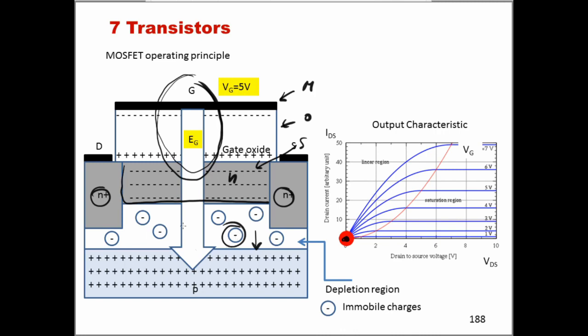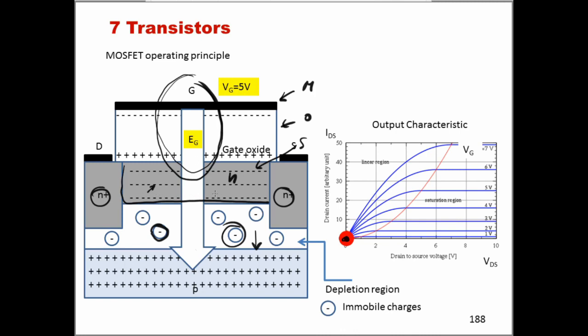So although my drawing here is not showing that, the negative charges that are immobile in this region are really a lot. And if we were able to count these immobile charges, we would realize that the number of immobile charges is a huge number compared to the number of mobile minority carriers that are also negative, that have accumulated at the interface here and have created the channel.